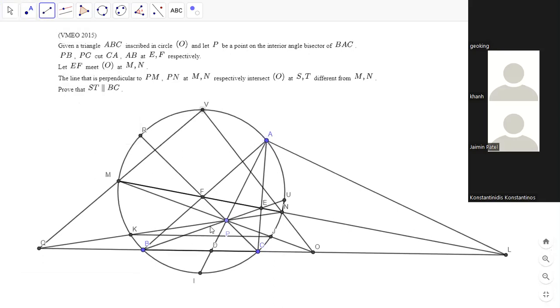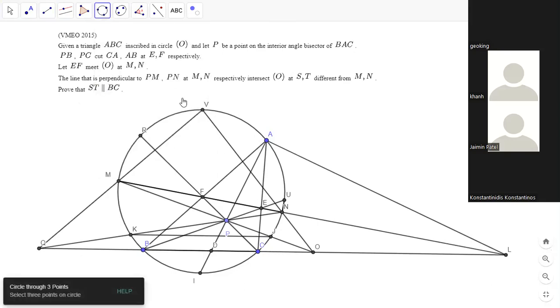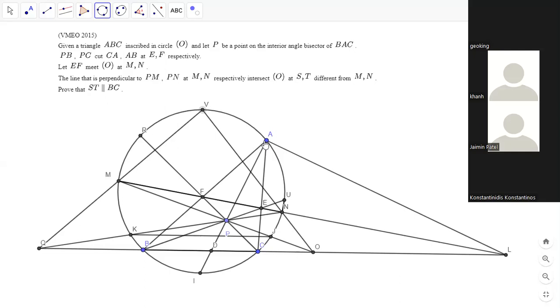Yeah, it's really interesting that QM and V are collinear. VAOQ is cyclic then. That's interesting.